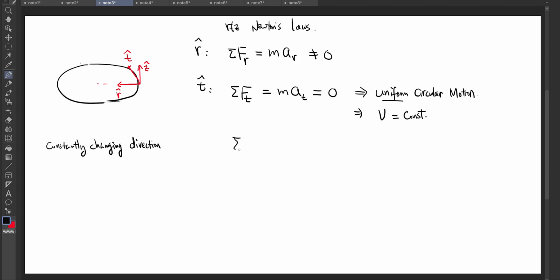That's what we call uniform circular motion. So the speed does not change, or the velocity's magnitude does not change. Now another situation, which we're going to talk about in a second video next time, will be non-zero here for A_T. So that defines non-uniform circular motion.